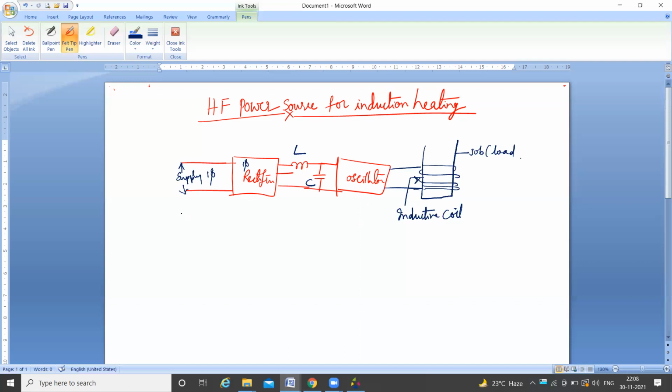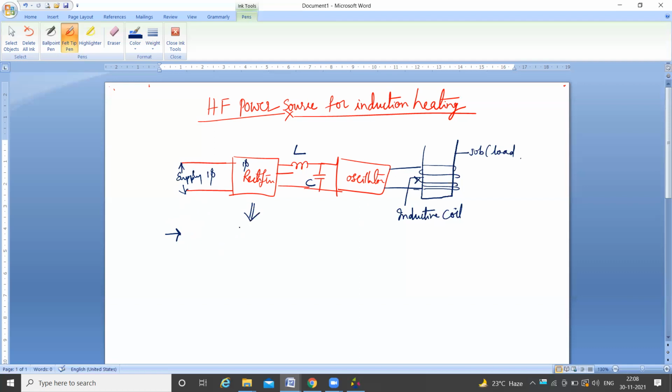See here, the first point is the AC supply is applied and stepped up by means of a step-up transformer. I'll draw a more elaborated diagram of this block diagram.